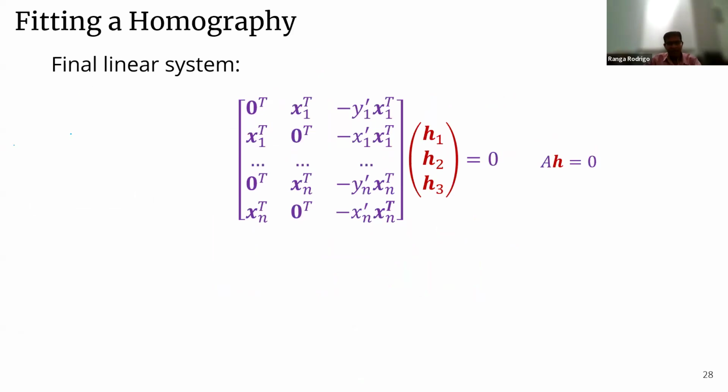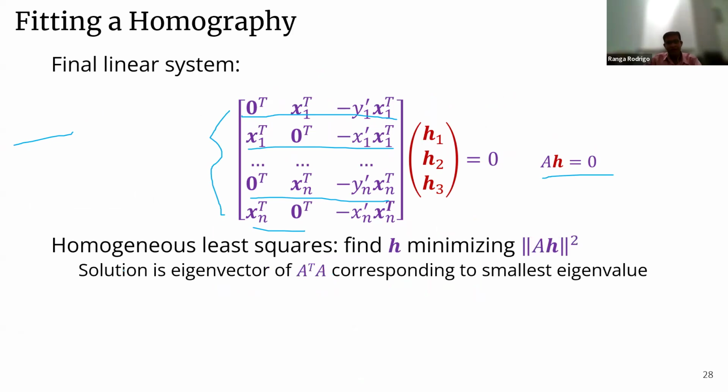When you stack up these points, this is due to the point number 1 match, this is due to the nth point pair match, and so on. So there are that many point pairs giving rise to equations. You can write this as Ah equals 0. Of course, as I said before, if you put all zeros for h, you will anyway get 0, but that is not the solution that we want.